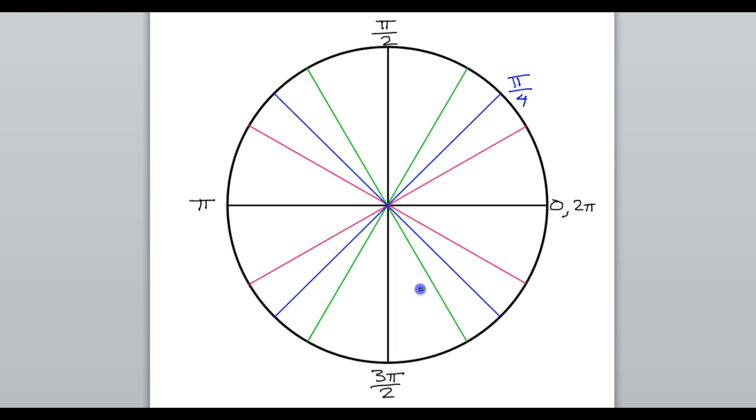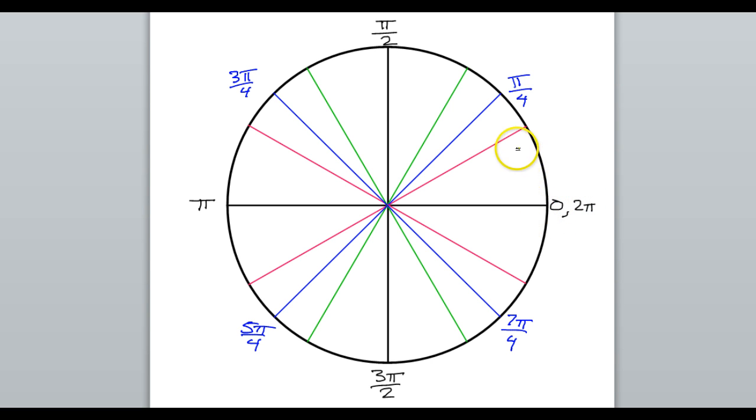And going around the circle at that level, this would be 1 pi over 4, 2 pi over 4, 3 pi over 4, 4 pi over 4, 5 pi over 4, 6 pi over 4, 7 pi over 4, and 2 pi is the same thing as 8 pi over 4.